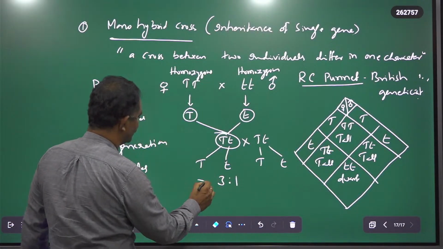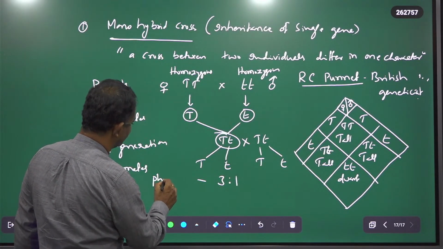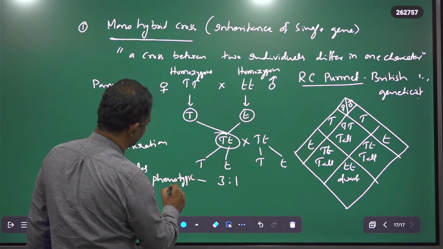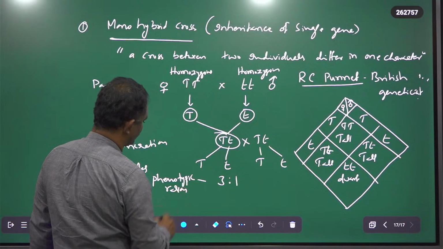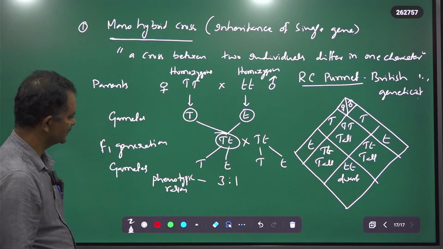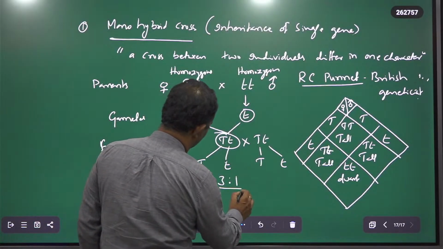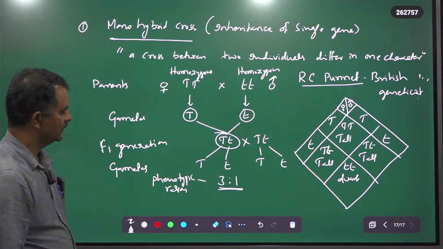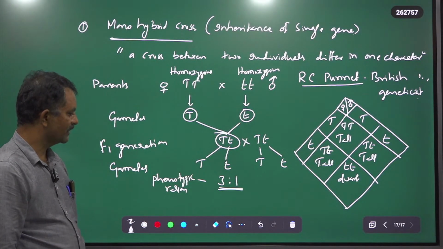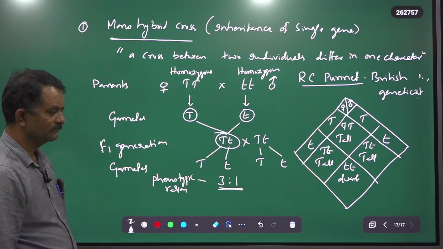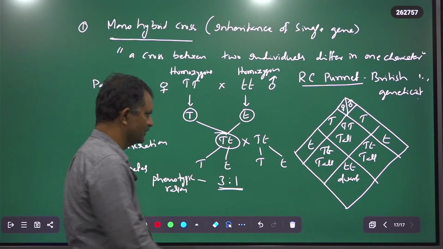So it is the phenotypic ratio of the monohybrid cross. The phenotypic ratio of the monohybrid cross is 3:1. 3 are tall plants, 1 is a dwarf plant. What about the genotypic ratio?